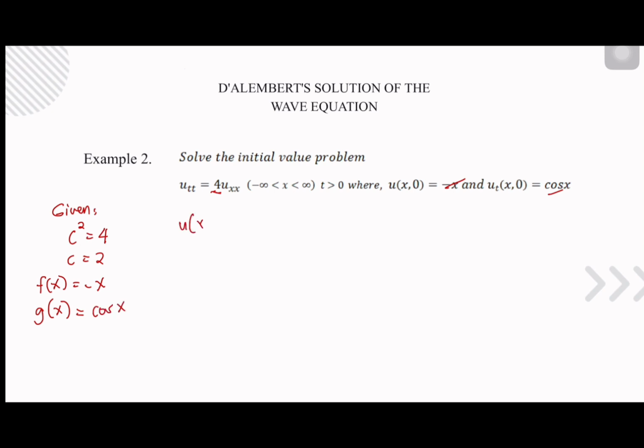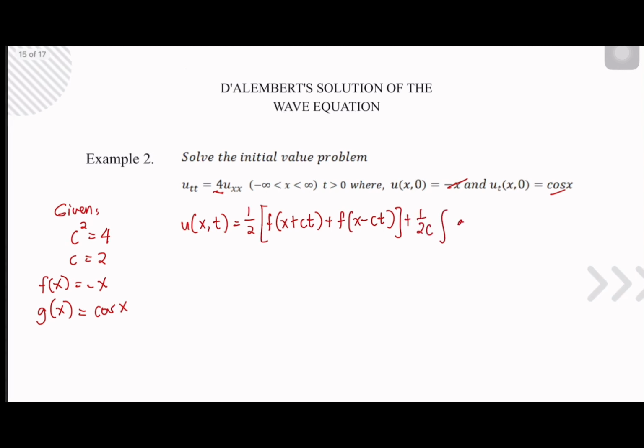Again, using D'Alembert's formula, u of x, t is equal to 1 half of f of x plus ct plus f of x minus ct, plus 1 over 2c times the integral of g of s ds evaluated from x minus ct to x plus ct.